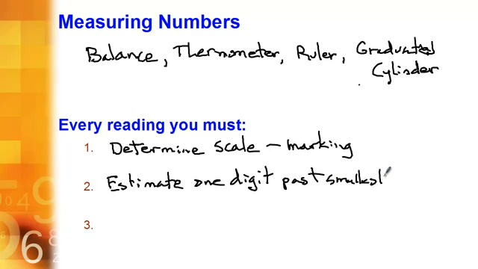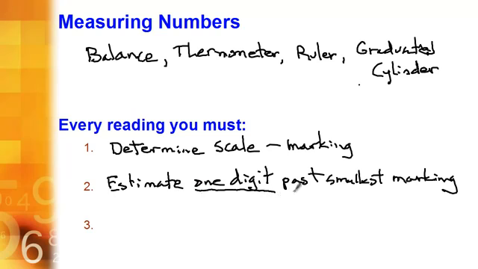So that's why you have to figure out the scale first. Here's why. Let's say we have something that's between 1.1 and 1.2. The markings are 0.1 and 0.2. What if it's in between those two? We need to estimate.